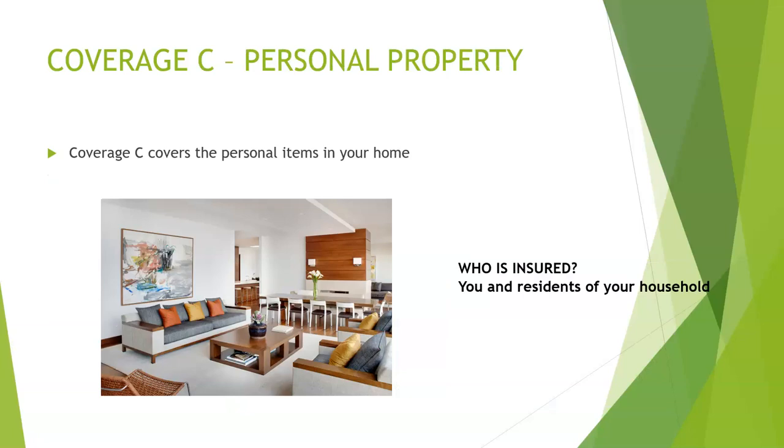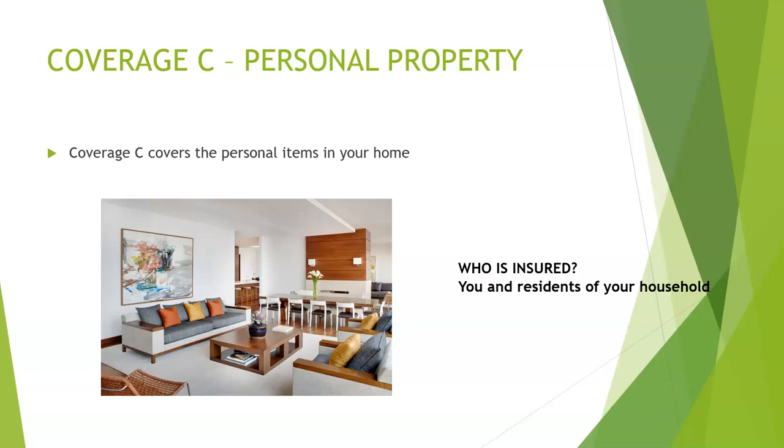Now, coverage C covers your personal property or contents in your home. These are your belongings, your personal items. Coverage C will cover personal items for the insured. It's important, you must remember who is the insured.